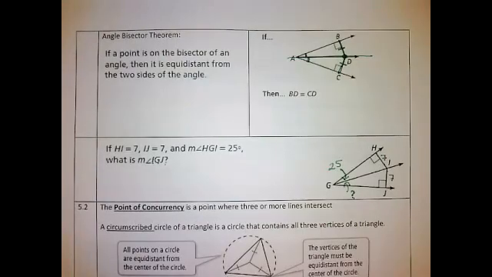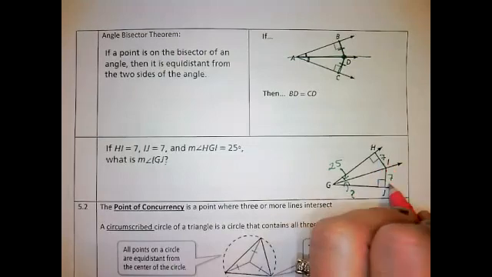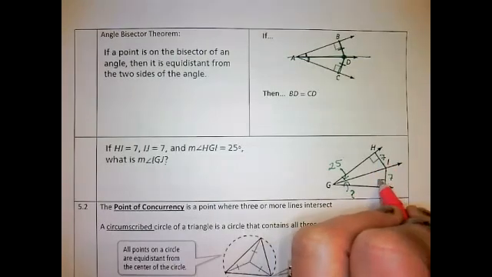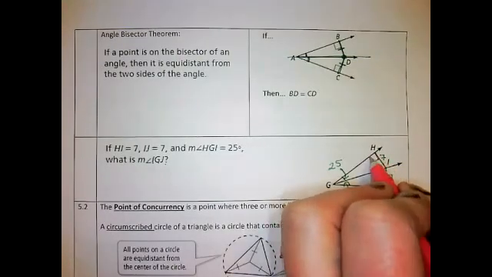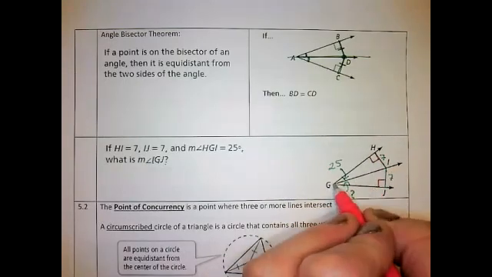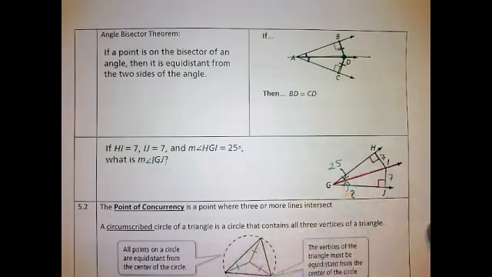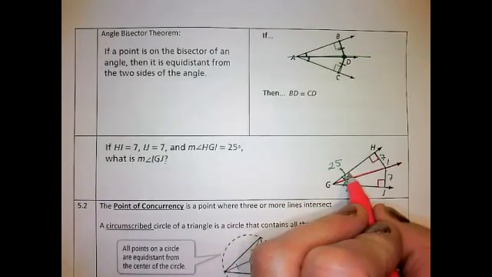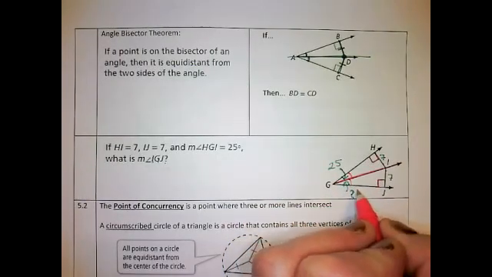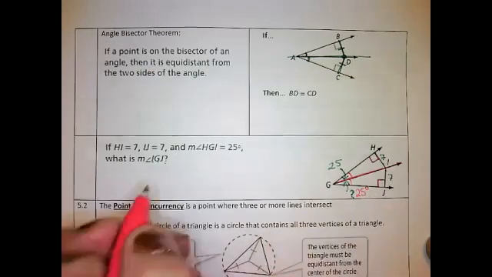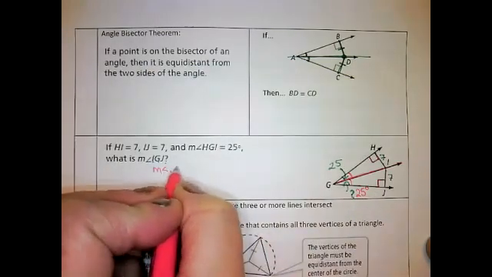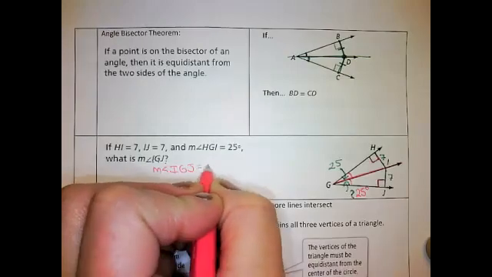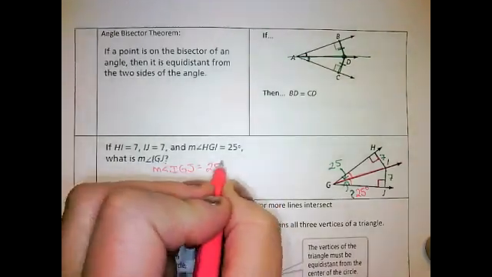The first thing I'm going to notice is that these two have the same measure, and these are 90-degree angles, which means that this is an angle bisector. If this is an angle bisector and this side is 25, this side also has to be 25 degrees. So the measure of angle IGJ is 25 degrees.